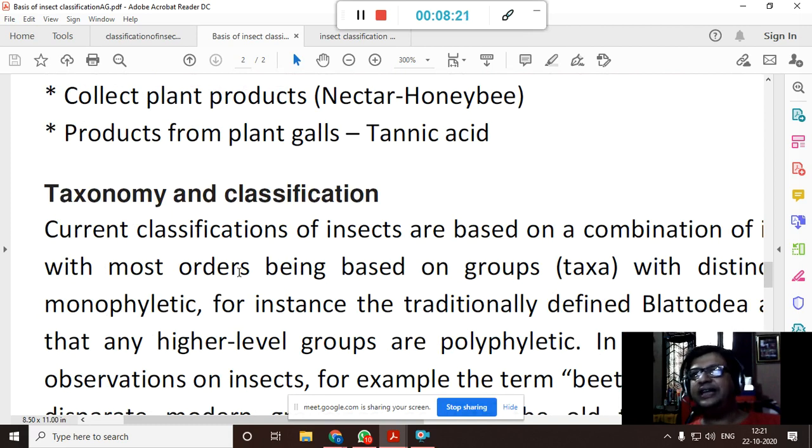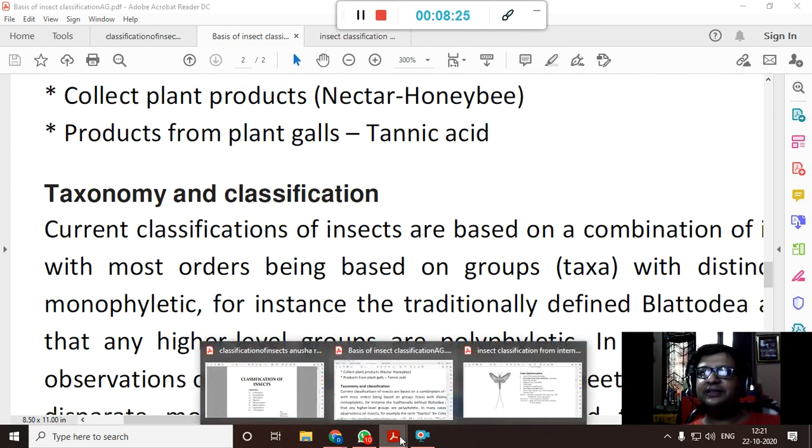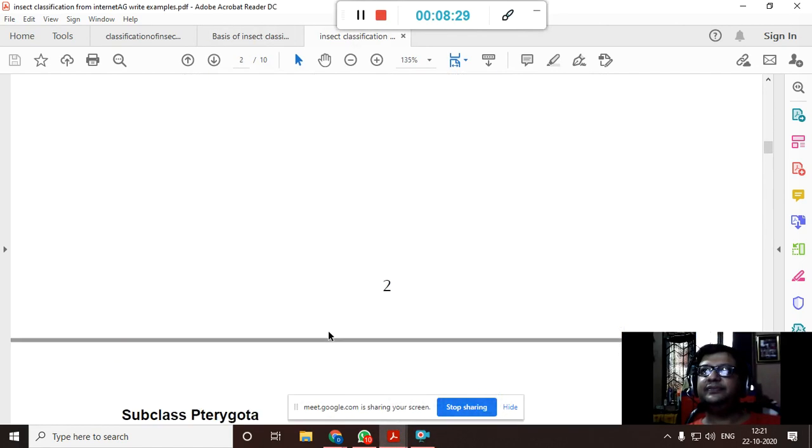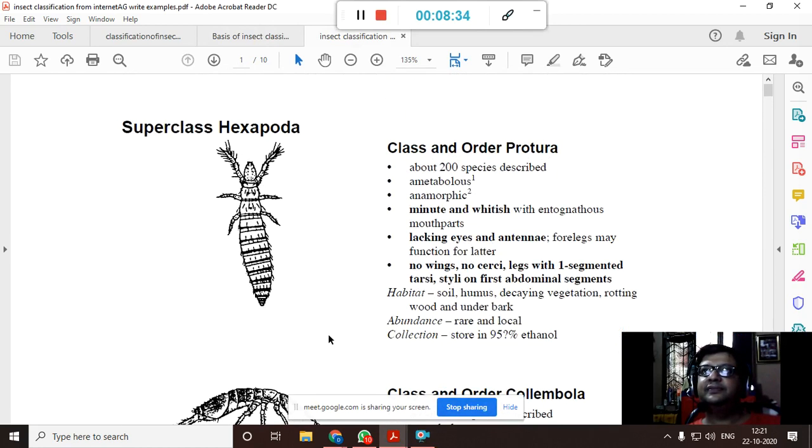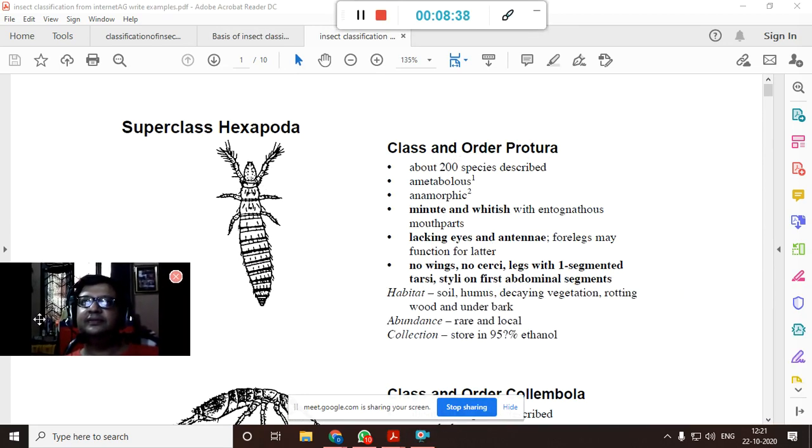So these are classifications. Now let us go to the part of classification of insects. Are you able to see superclass Hexapoda in the classification?